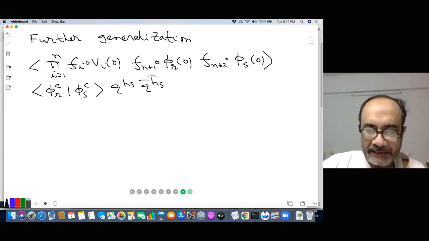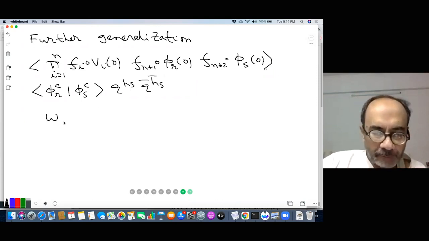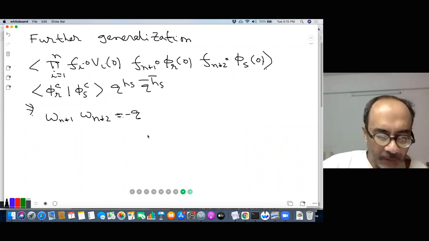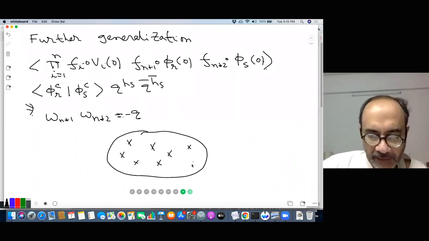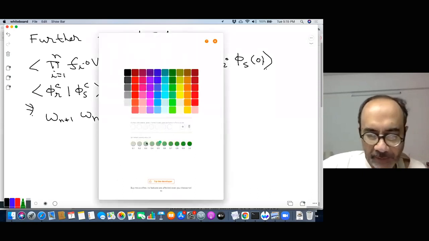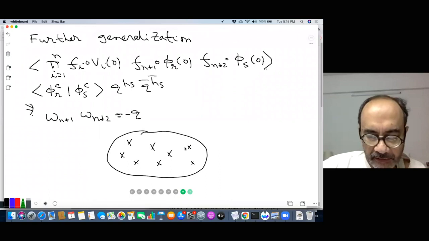So what this tells us is that you now have to take the sphere and glue again W n plus 1 and W n plus 2. This corresponds to this gluing, and if you draw the picture, it will become clear what is happening. You have a set of punctures over here, and now you have the n plus 1th puncture and the n plus 2th puncture.